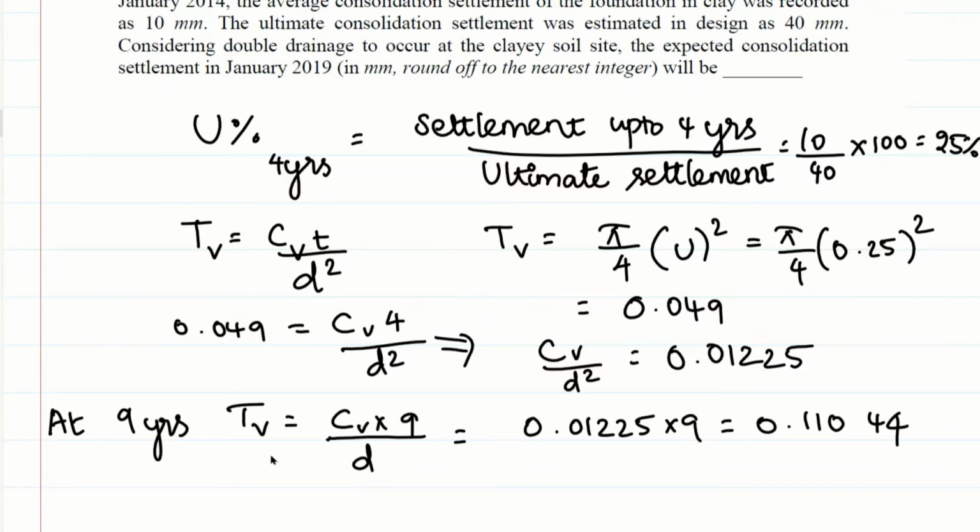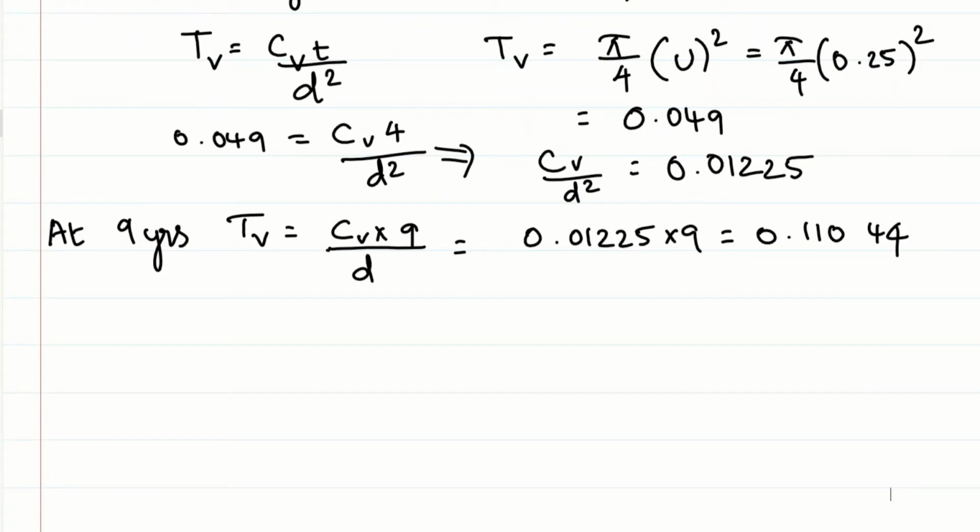So using this Tv, at the end of 9 years, you are supposed to find out the degree of consolidation. So for that, once again go back to this formula. That gives you 0.11044 is equal to pi by 4 U square.